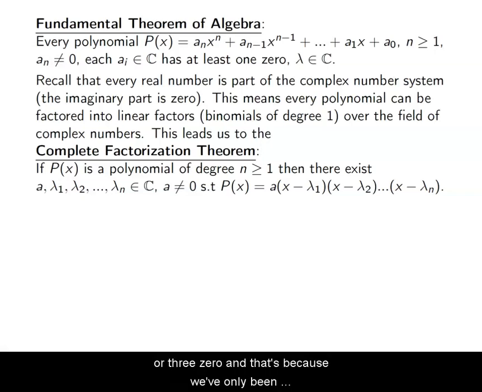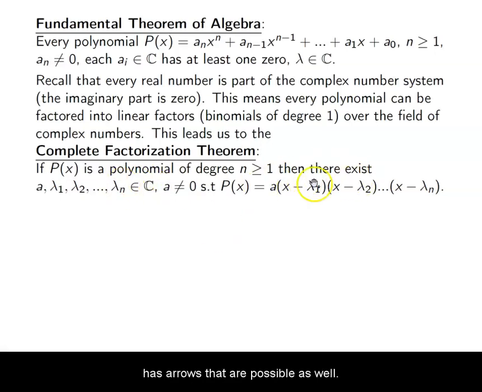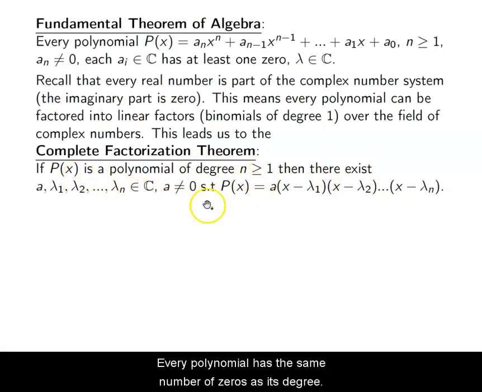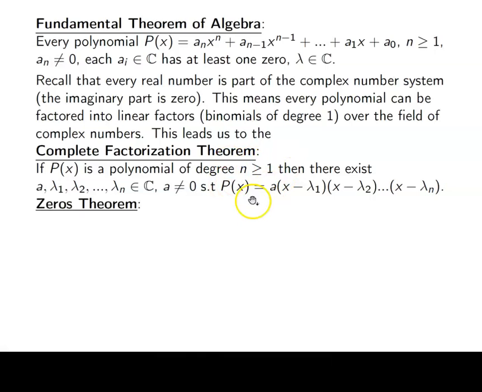Or 3 zeros. And that's because we've only been finding the rational zeros, right? So whole numbers or fractions. We haven't talked about radicals. We haven't talked about complex. So if we take those into consideration, the complex zeros that are possible as well, every polynomial has the same number of zeros as its degree, okay?